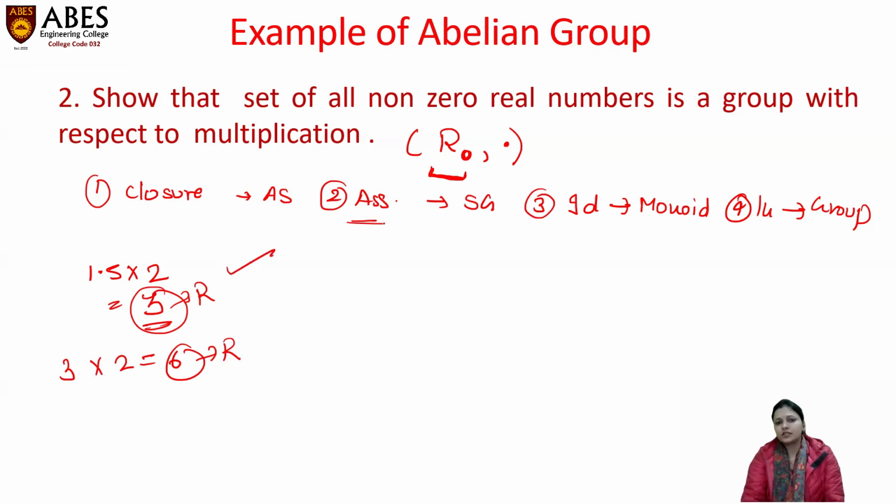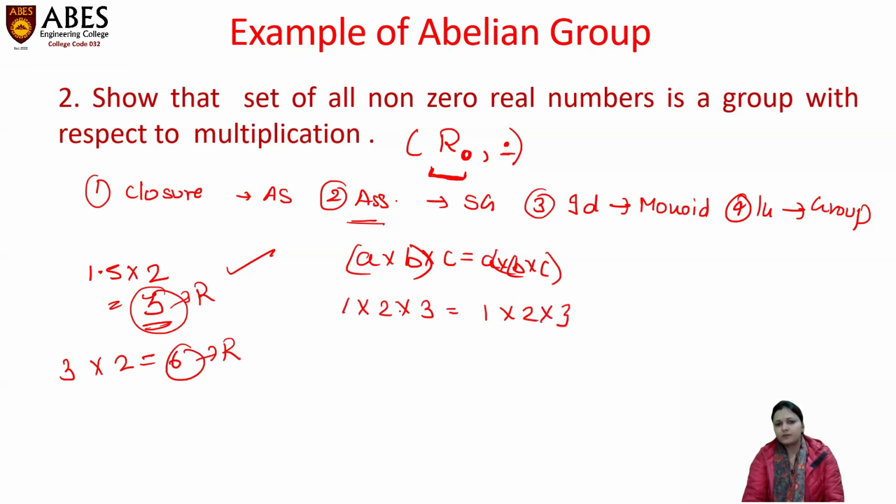Now check for associative property. Here the operation is multiplication, and we know that multiplication always supports associative property. If we change the association, the result will not change. So consider any three real numbers, take them as 1, 2, 3. If we change the association, it will not change our result.